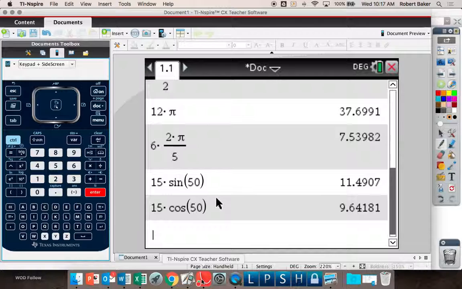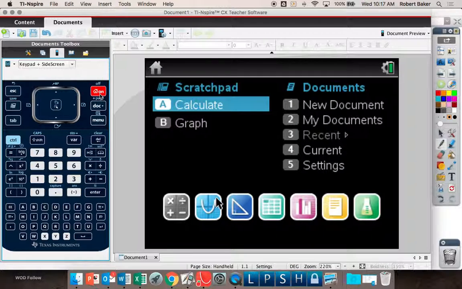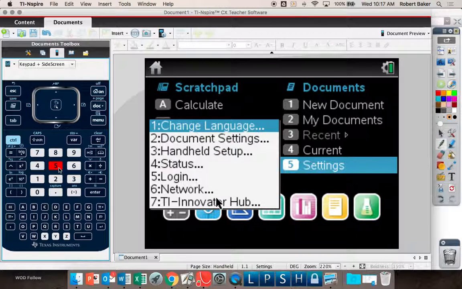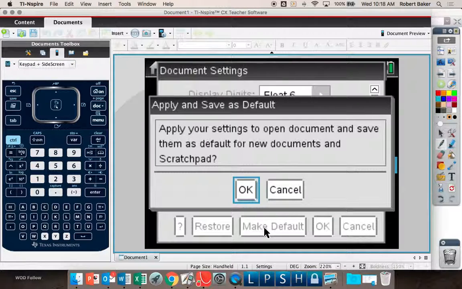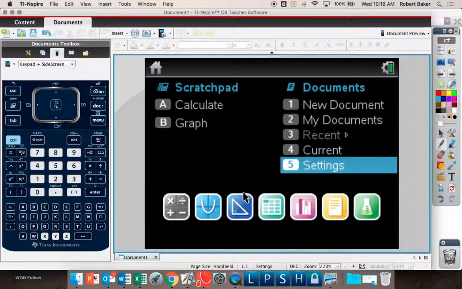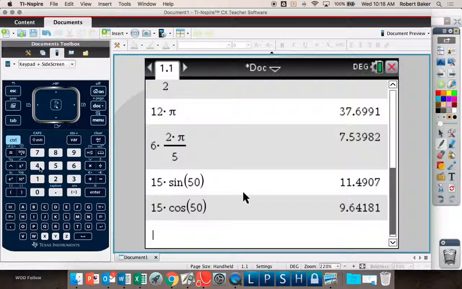Doesn't make any sense. So home, 5, 2, and then this angle should say degrees right here, and then hit make default. And then to get back to your screen, you just hit 4.